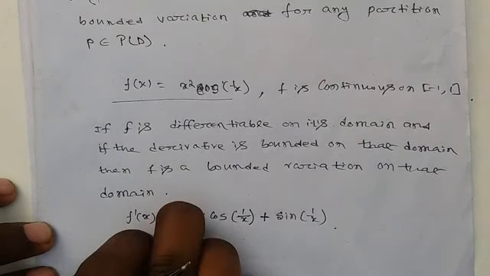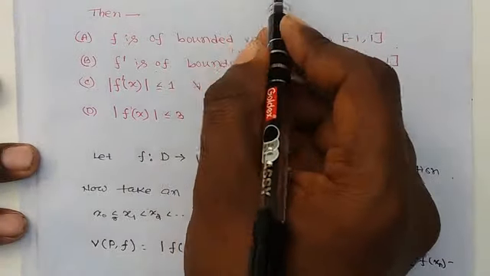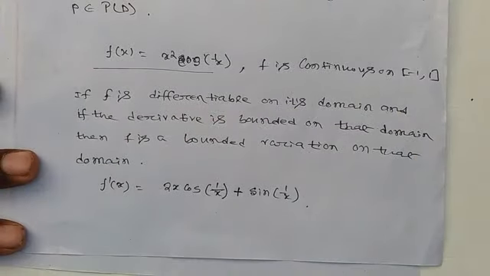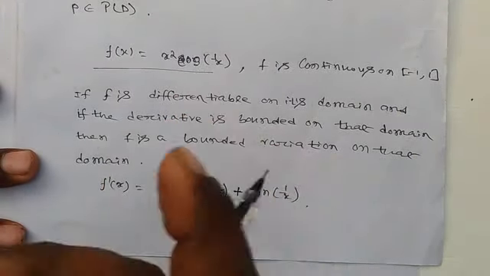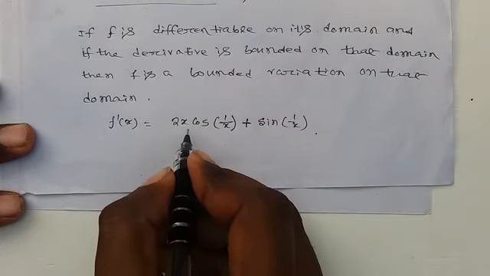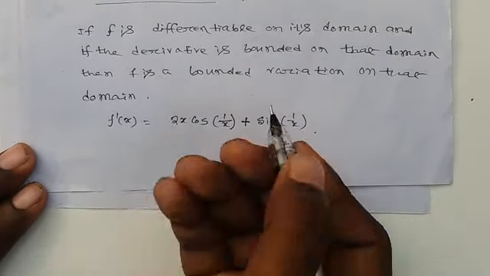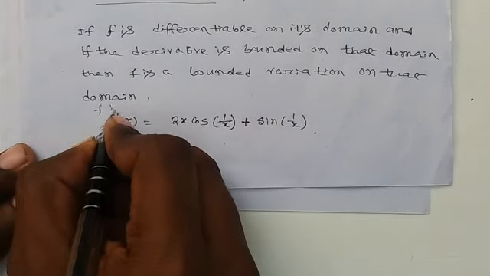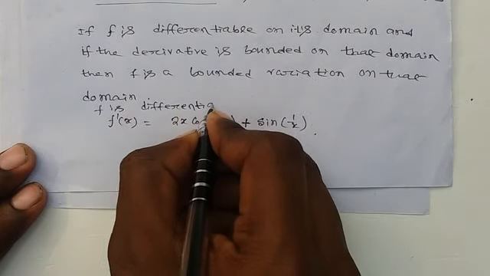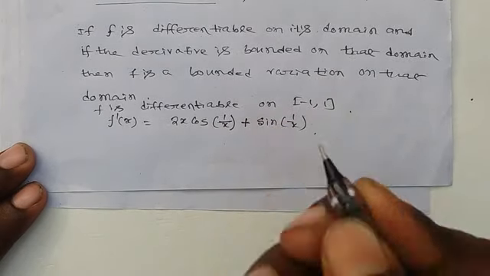The only problem is at the 0 point, but at 0 the limit of this map is 0, so f is continuous on minus 1 to 1, and f is also differentiable on minus 1 to 1.